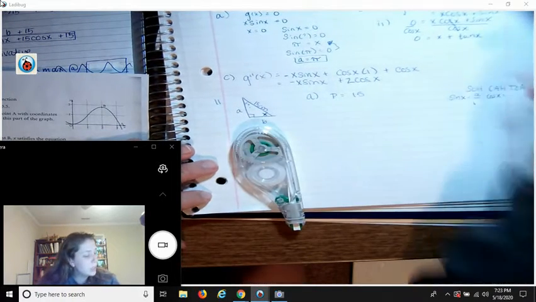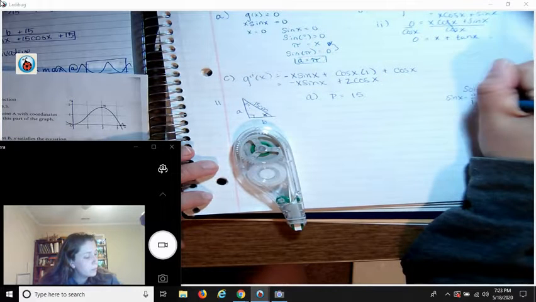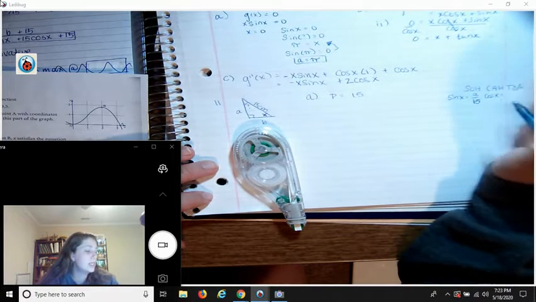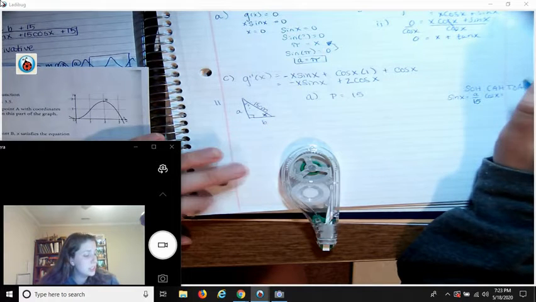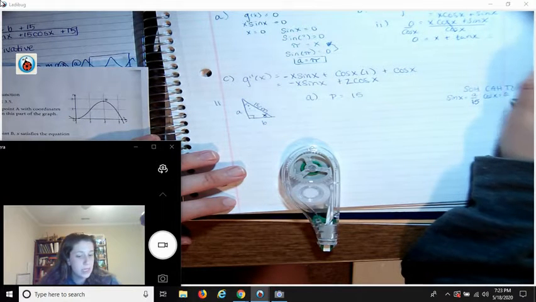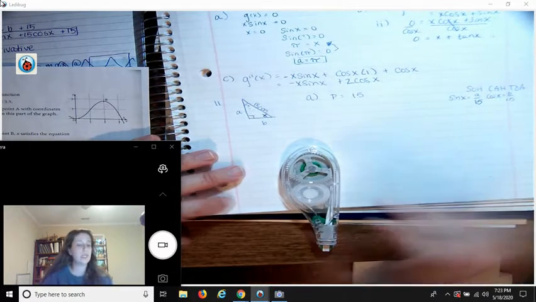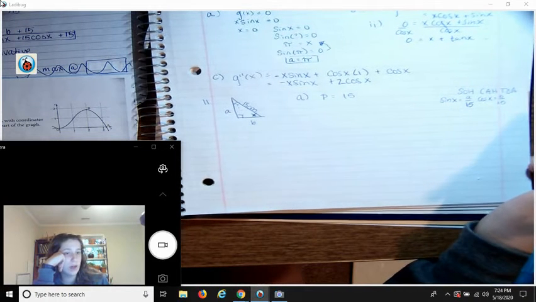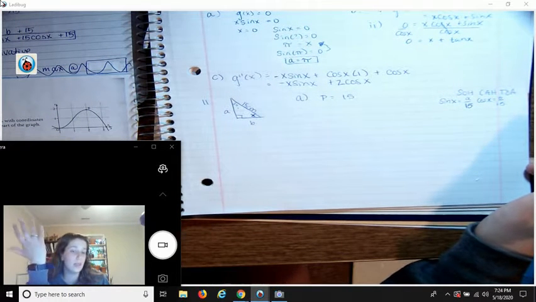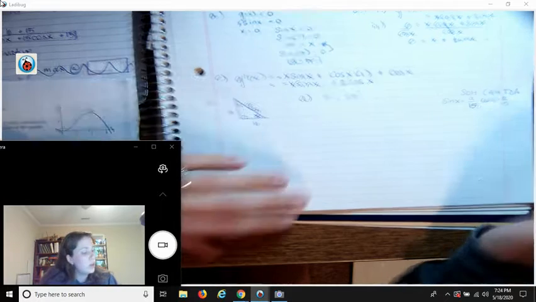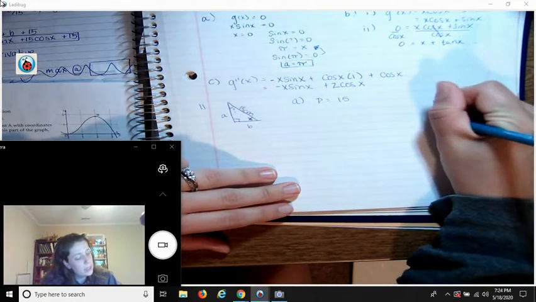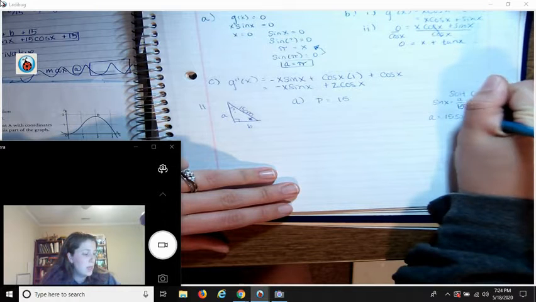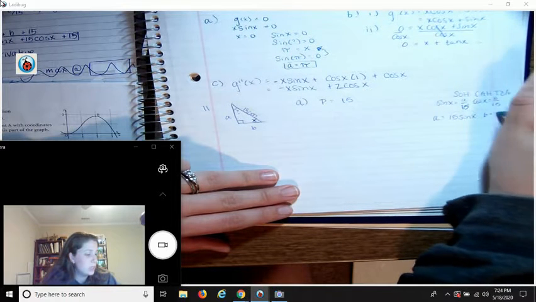Silly me. The cosine is adjacent over hypotenuse. The adjacent side is B, so we put B over 15. I think that's all we need. So we can solve for A and B in terms of x radians and the 15. A is equal to 15 sine x, and B is equal to 15 cosine x.